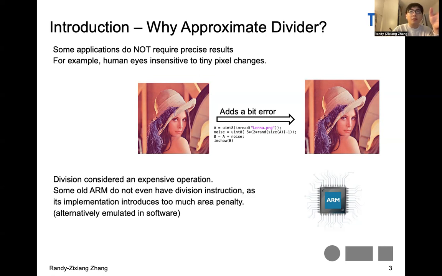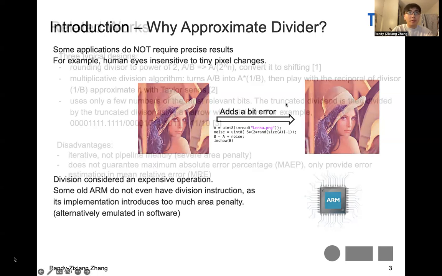Some old ARM CPU instruction sets actually don't have dividing instructions, because a hardware implementation of a division gives you a very large area penalty. That's why they imitate division in software, using add and multiplication instructions.